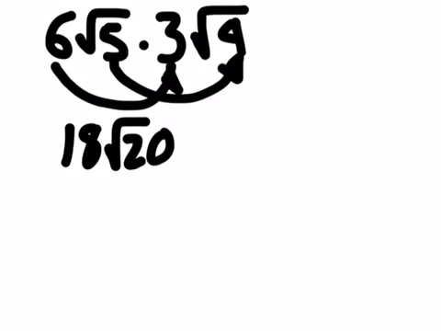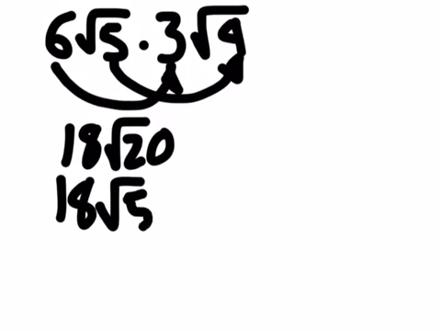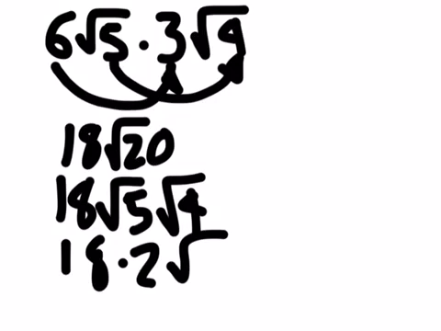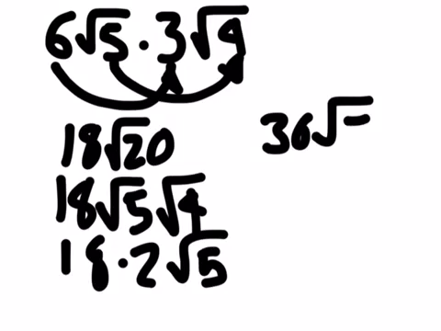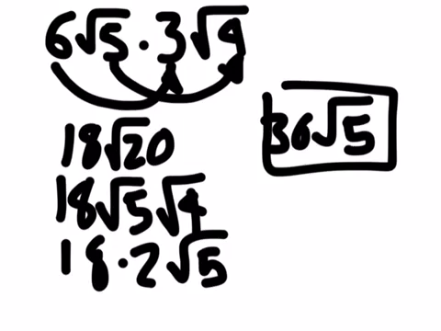Then the final answer will be this. It is very important to understand that the numbers outside the square root will never be multiplied by the numbers inside the square root, and the numbers inside the square root will never be multiplied by the numbers outside the square root.